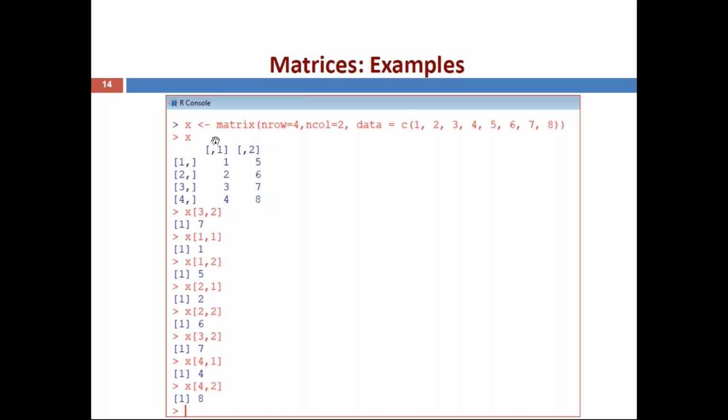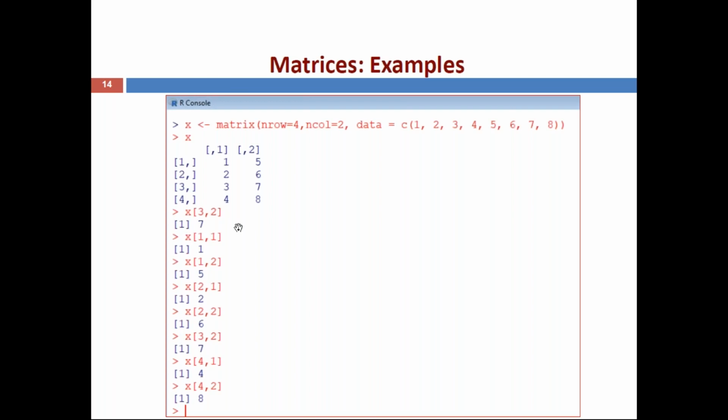So 1 by 1, the value is 1. Similarly, another example, 1 comma 2. First row, second column. The value is 5. So like that, you can find a particular element from the matrix using x of i comma j.